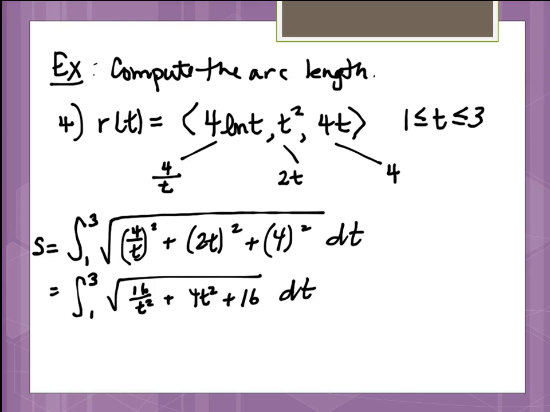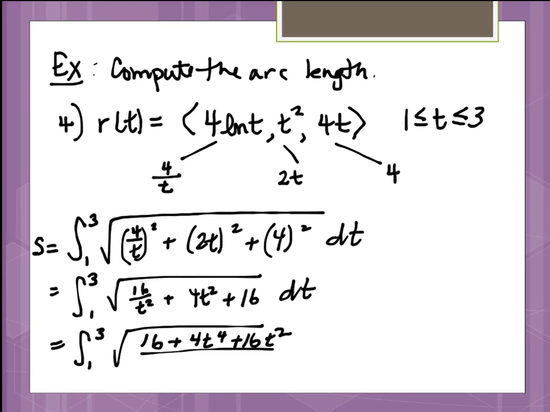We can get a common denominator if that's helpful, a little bit friendlier than just looking at it straight on. So if we get a common denominator, I'm going to get 16 plus 4t to the fourth plus 16t squared, and this is over t squared. That's where we are so far.